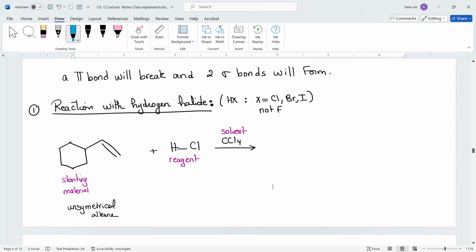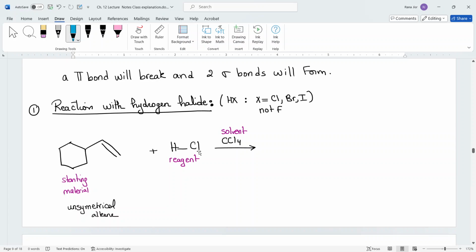There are 4 reactions that we will go over. The first one is the reaction of hydrogen halide. The halogen can be either chlorine, bromine, or iodine. So we're going to again start with the starting material in there and with HCl or HBr or HI.